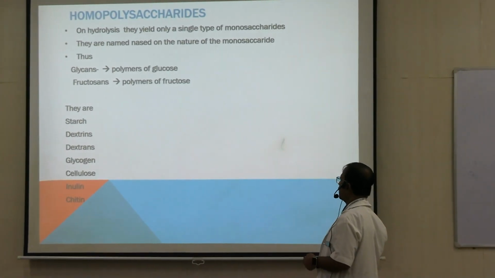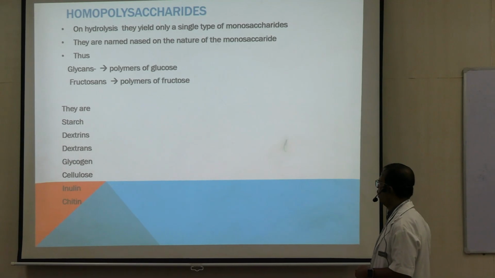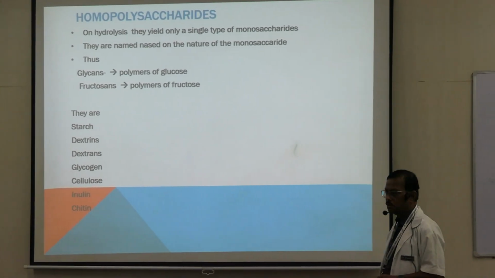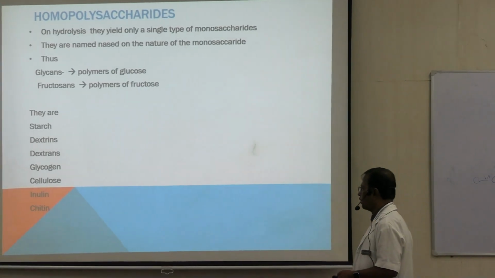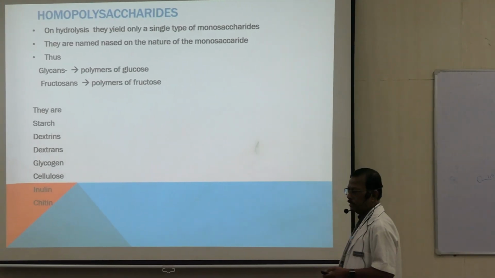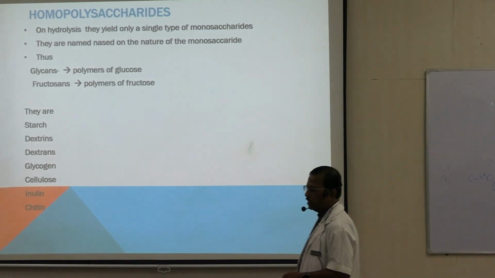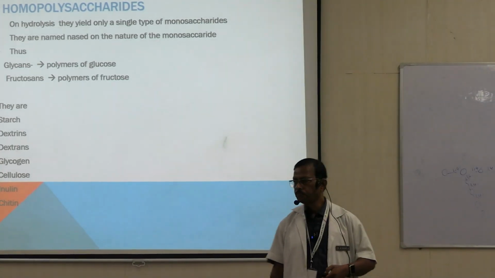Thus, when there are only glucose polymers, they are called glycans. When there are polymers of fructose, they are called fructans. Examples are starch, dextrin, dextran, glycogen, cellulose, inulin, chitin. Chitin functions as a structural homopolysaccharide.